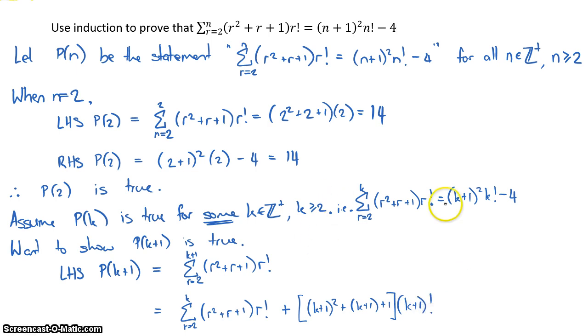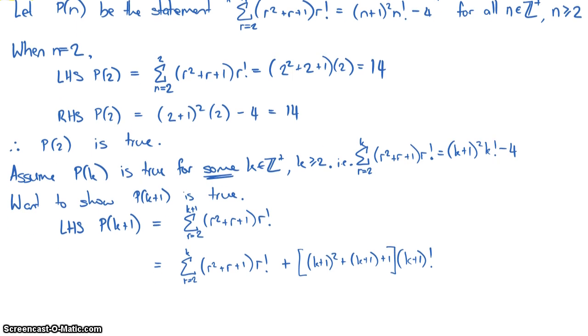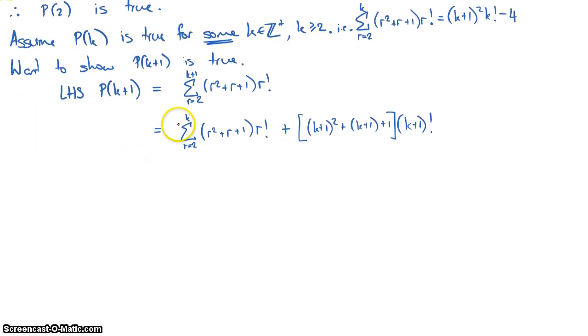Bravo! Now I can apply my induction hypothesis to this part in here. So this is, by my hypothesis, (k plus 1) squared times k factorial minus 4. And then I still have plus this whole mess in here, which I'm going to simplify a little bit.